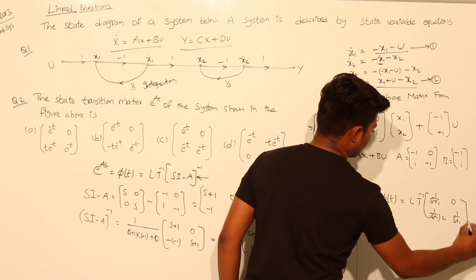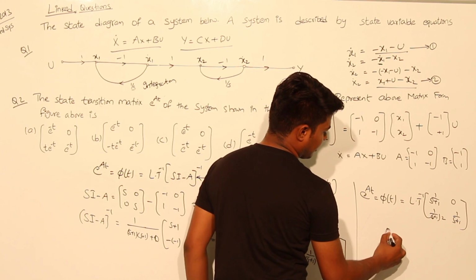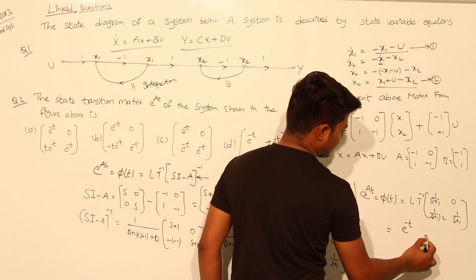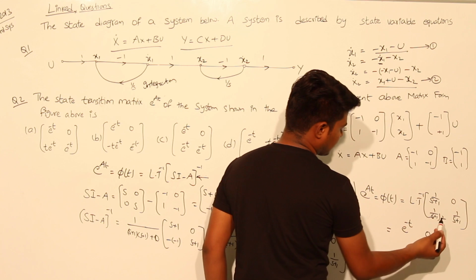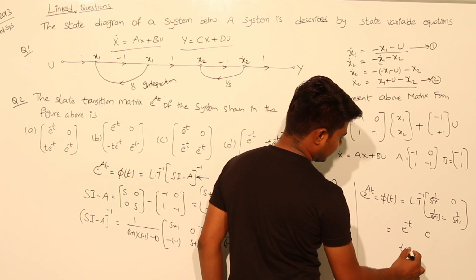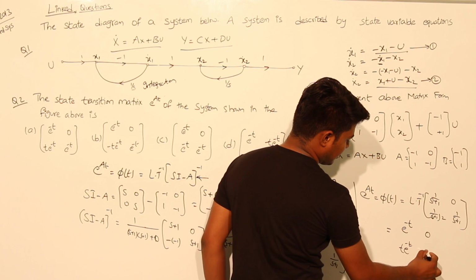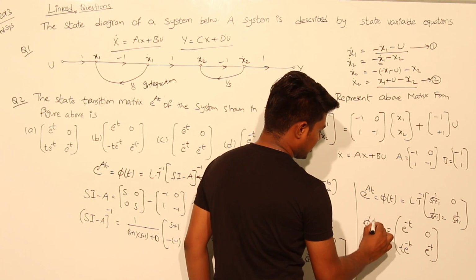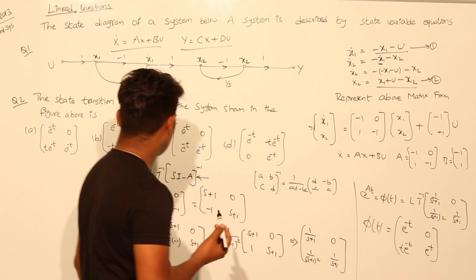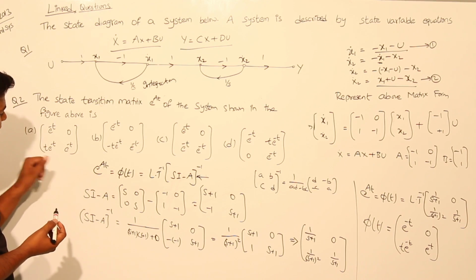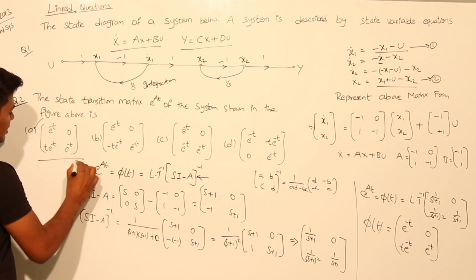We know that the inverse Laplace transform of 1 by s plus 1 is e power minus t, of 0 is 0, and of 1 by (s plus 1) whole square is t e power minus t, and this will be e power minus t. This will be the state transition matrix. If you observe in the options, e power minus t, 0, t e power minus t, and e power minus t. So option A is the correct answer.